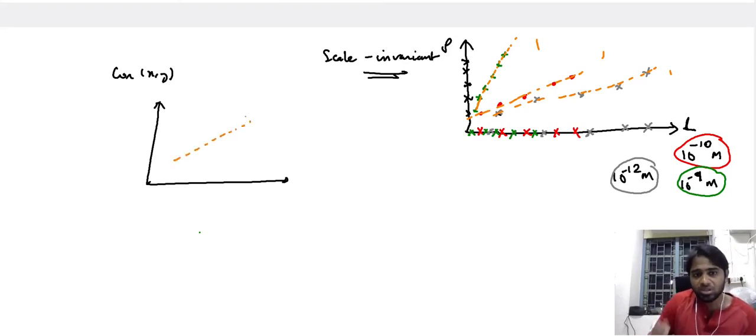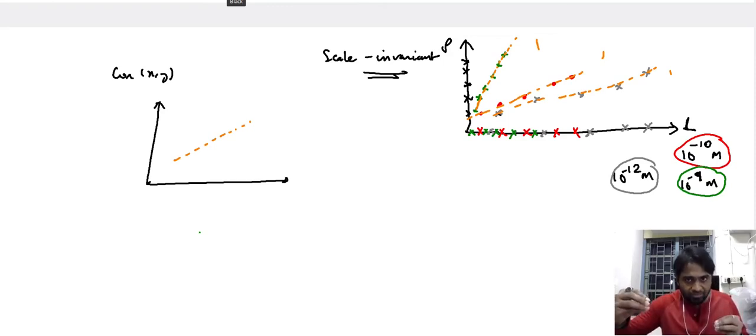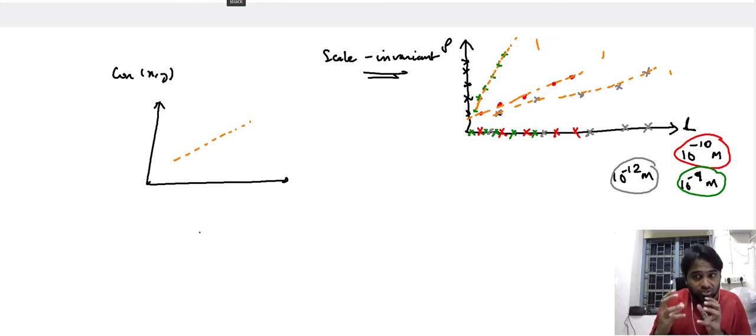When the points are present on this line, we say that the relation is the strongest and it has the maximum correlation. So that is the way we are quantifying the relation. It depends on how much our points are shifted from the line that describes the covariance. When the points lie on that line, it is the strongest possible correlation.